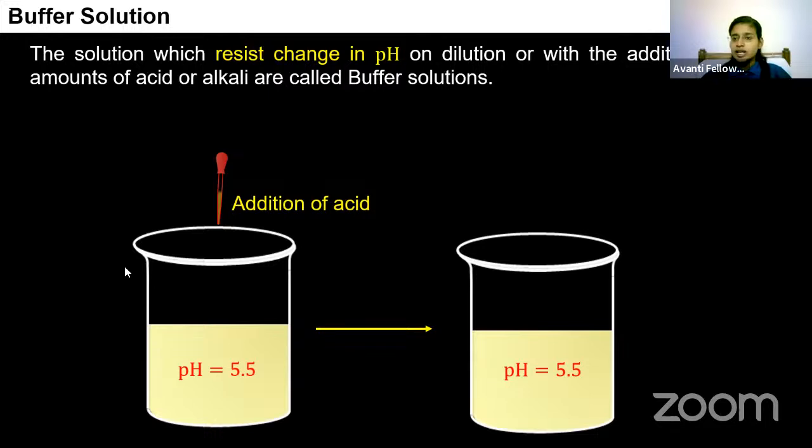We will go ahead. What I was saying, the solution which resists the change in pH on dilution or with the addition of a small amount of acid. Here I have added an acid and the pH has to decrease on the addition of acid, but it remains the same.